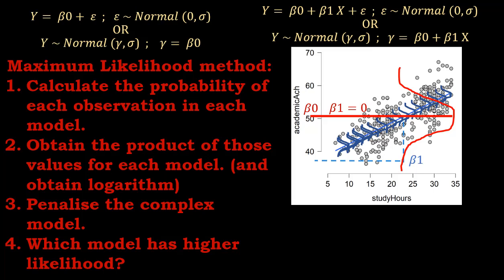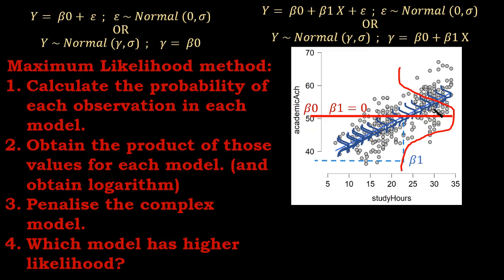You want those products to be the highest value possible. And the problem then is that with the normal distribution, we know that the mean is beta 0, but for the standard deviation, we can use different values that best fit the data.